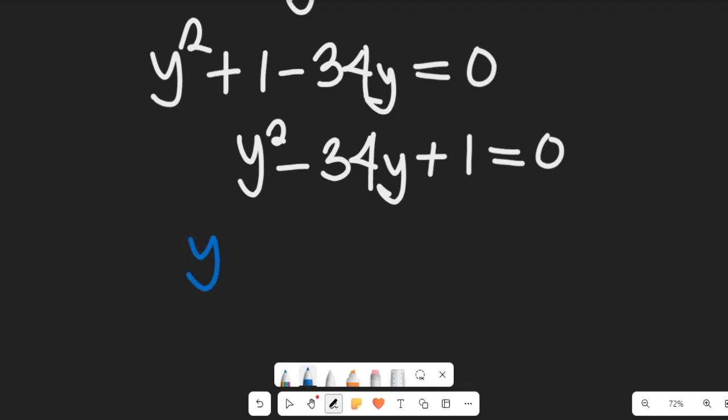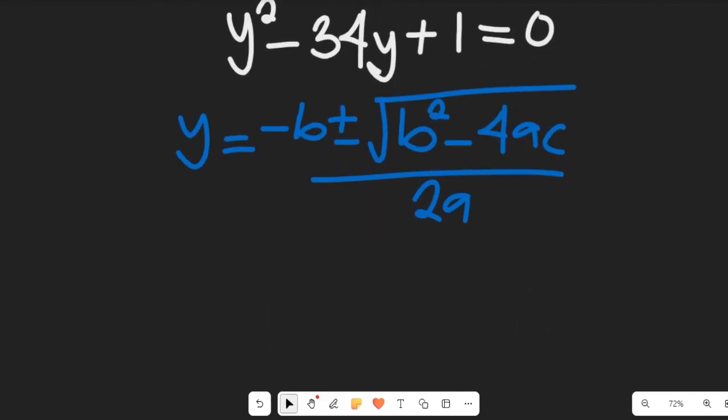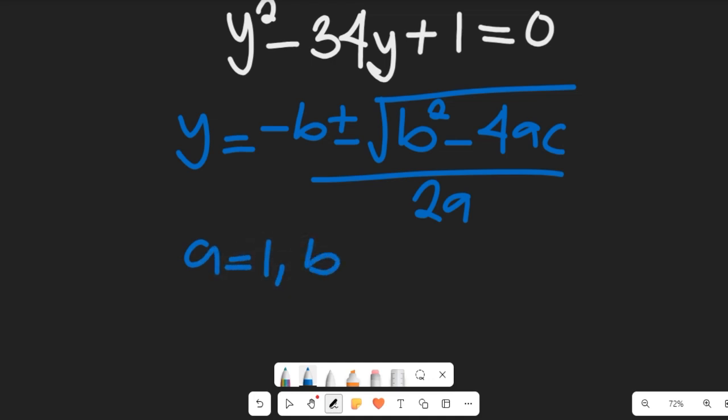Recall that y will be equal to negative b plus or minus the square root of b squared minus 4ac, divided by 2a. With this expression now, you can recall that we'll have a equal to 1, b equal to negative 34, and c equal to 1.